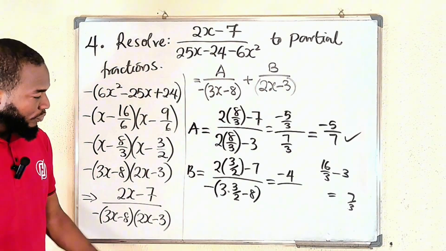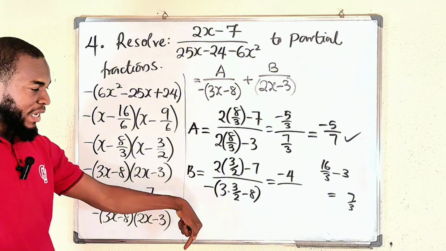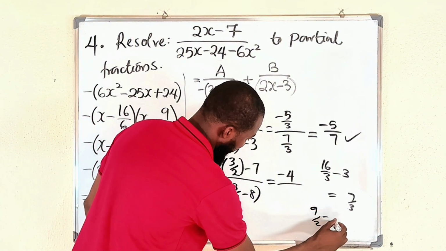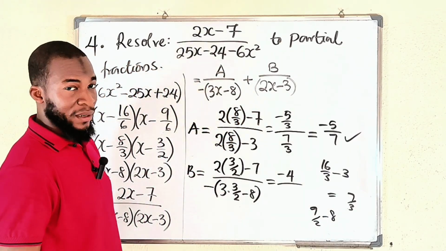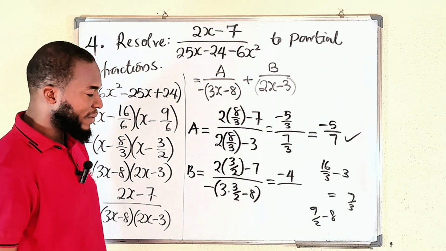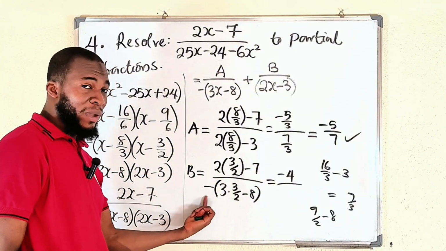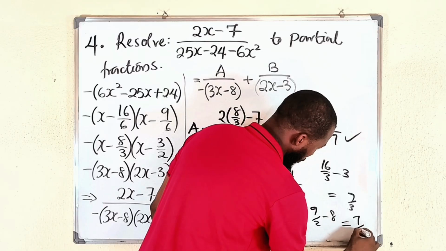At the bottom, 3 times 3 is 9. That is 9 over 2, right? 9 over 2 minus 8. This time 8 is 16 over 2, and 9 minus 16 is minus 7. That is minus 7 over 2. But we still have another minus here, which is going to make it positive 7 over 2.